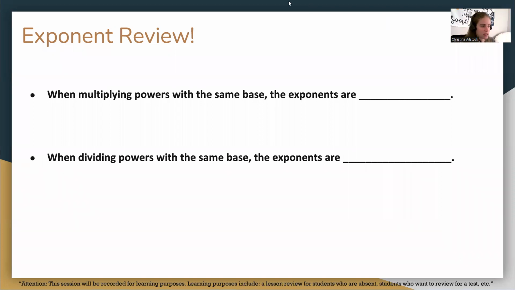Hopefully you said add. Our shortcut, our property tells us that we can add those exponents.